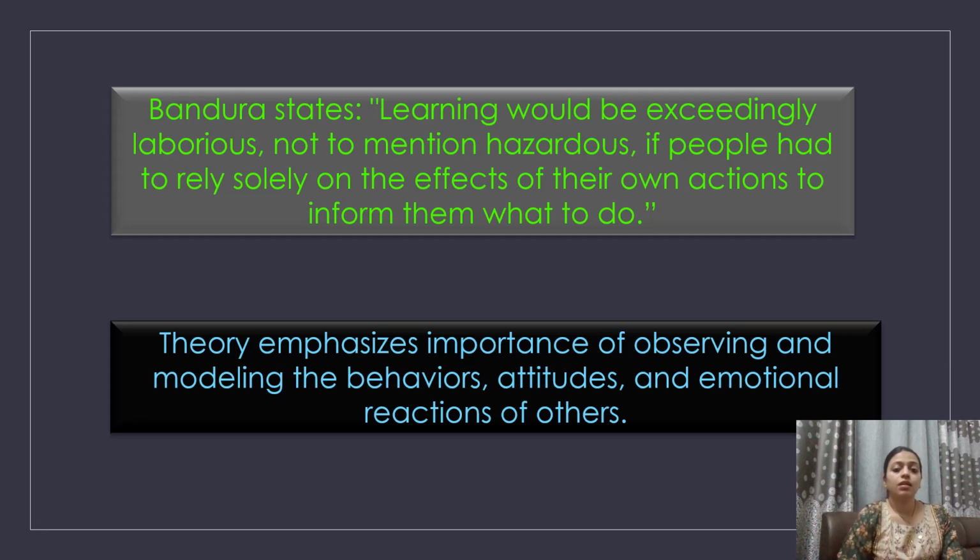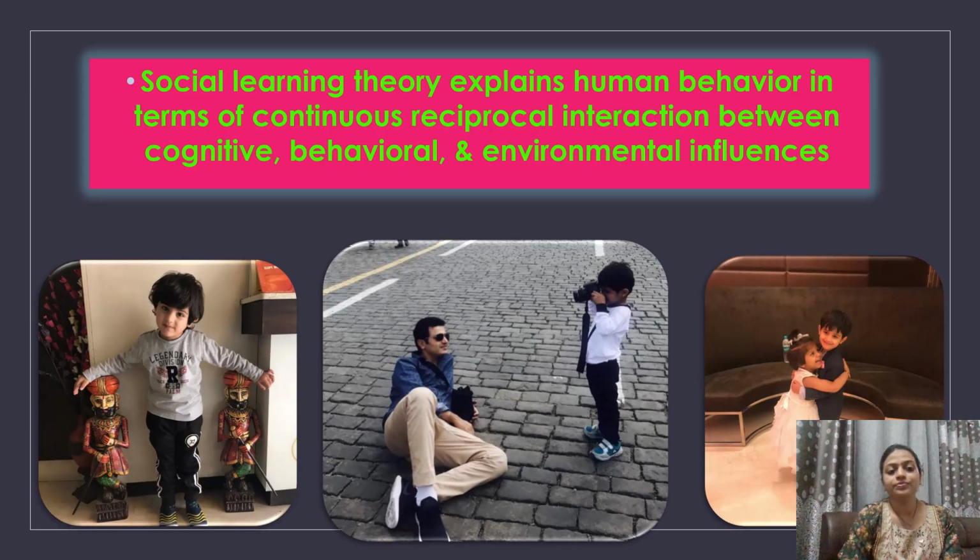Bandura says that learning would be an exceedingly laborious task, not to mention hazardous, if people had to rely solely on the effects of their own actions to inform them what to do. So the theory emphasizes mainly the importance of observing and modeling the behavior, attitudes, and emotional reactions of others. Okay.